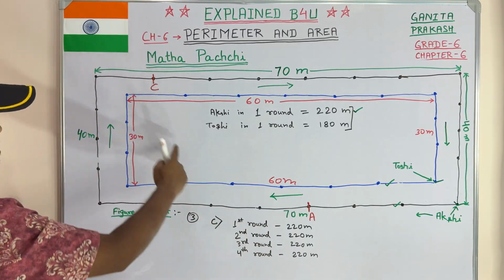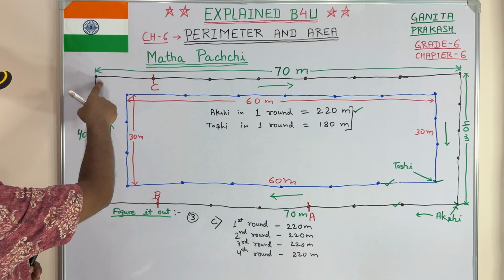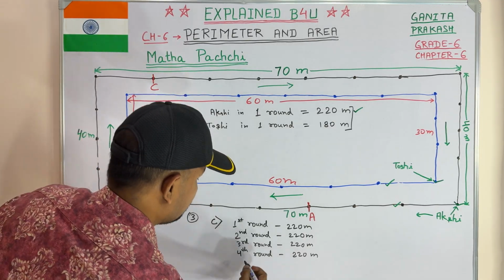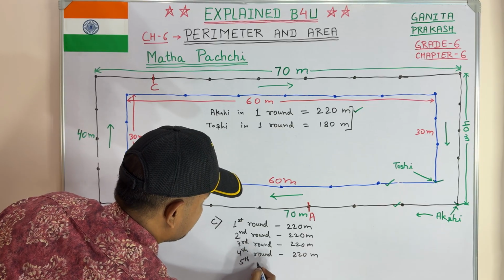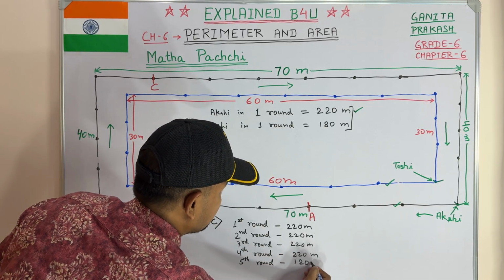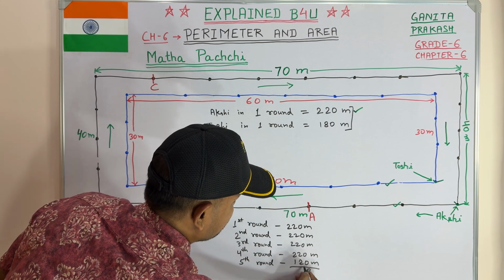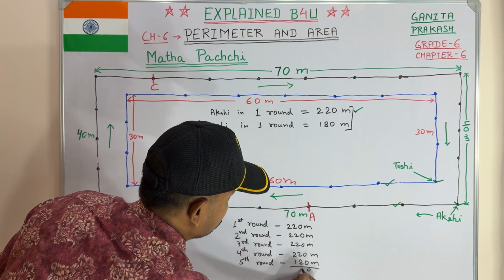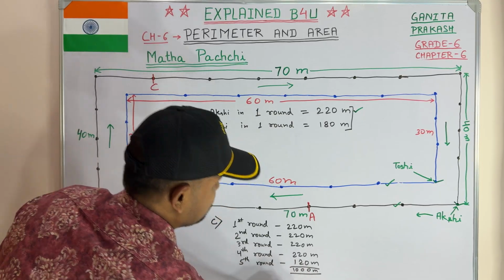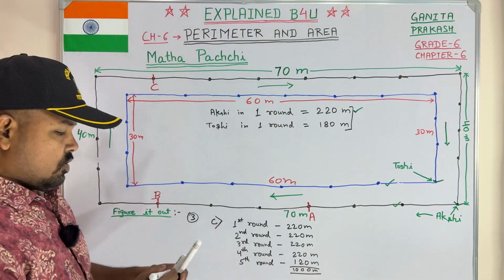Till 120 meters, meaning 70 plus 40, 110 plus 10, 120. So in the 5th round she has covered 120 meters. So the total is 0, 2 fives are 10, 0 carry 1, 1000 meters. Okay, so this is 1000 meters.